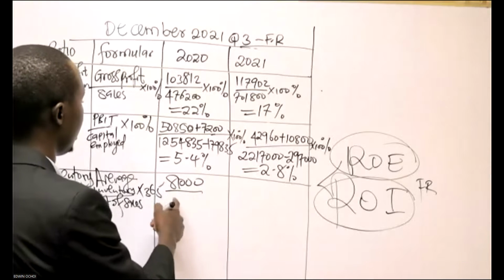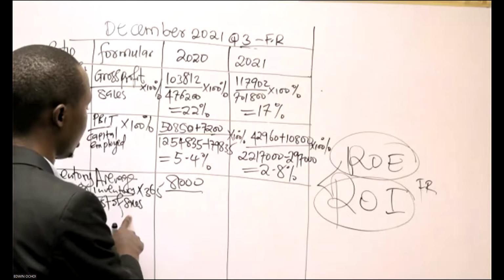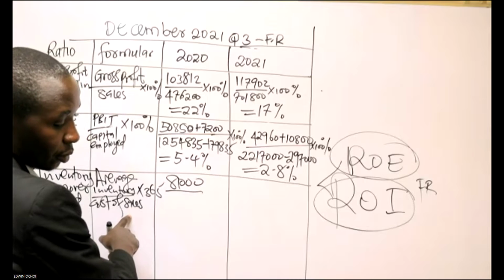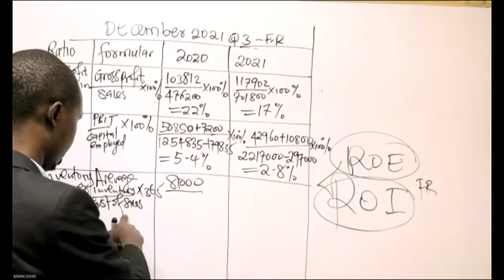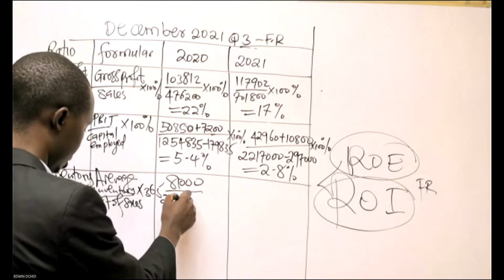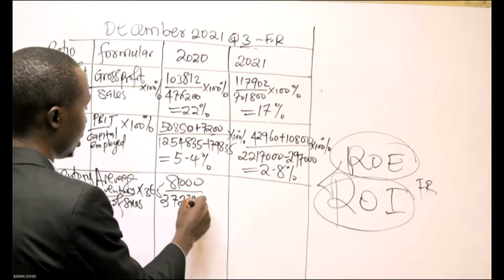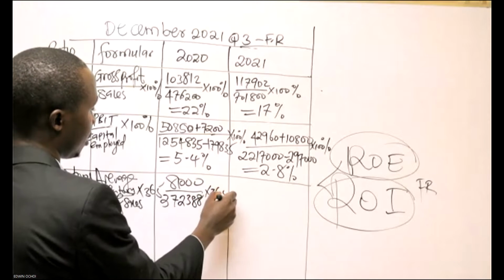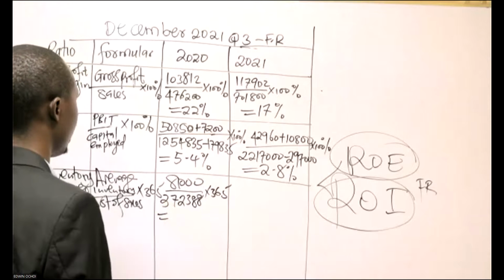So 81,000, you divide by cost of sales, which is 372,388, times 365. What do you have? How many days?